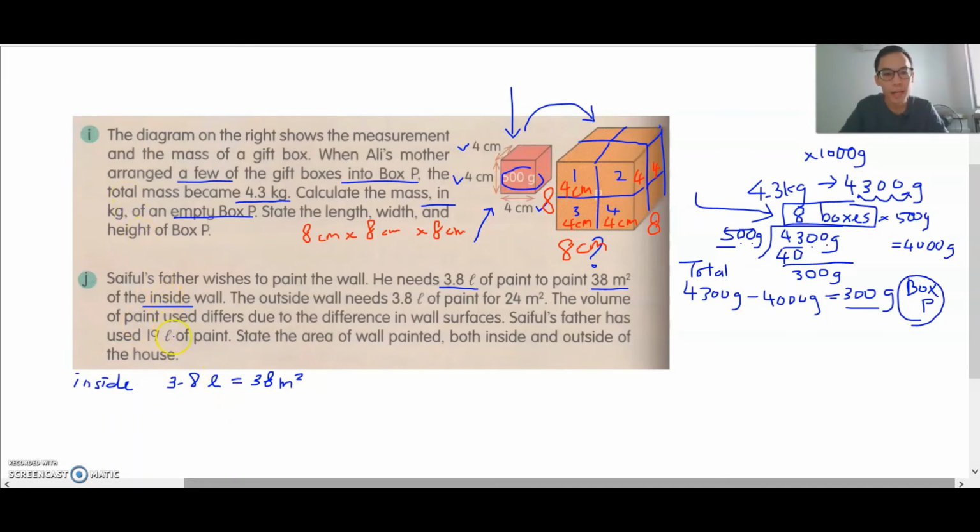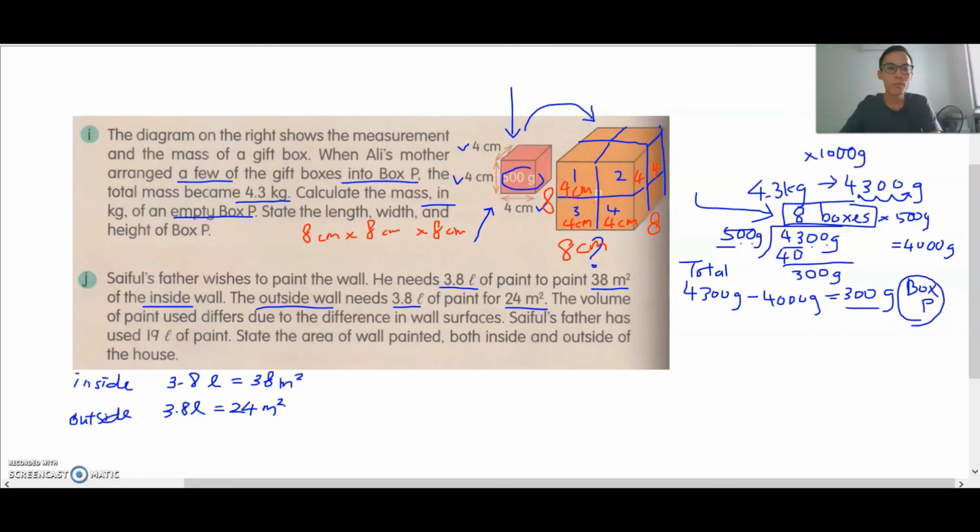Okay, then the outside wall will need 3.8 liters for 24 square meters. So this is outside. 3.8 liters of paint needed for 24 square meters.